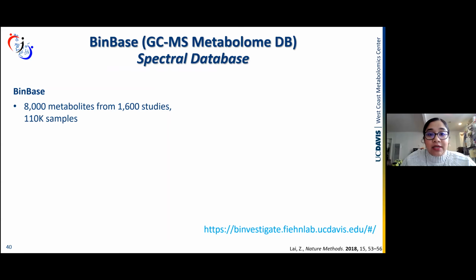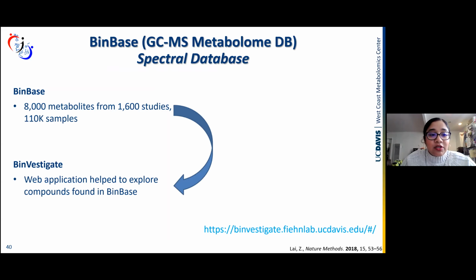BinBase is a GC-MS metabolome database developed here in the Fiehn Lab. It covers 8,000 metabolites from over 1,600 studies, which is close to 110,000 samples. But this wasn't really accessible to users until the creation of BinVestigate. This is a web application that helps you explore the BinBase database.